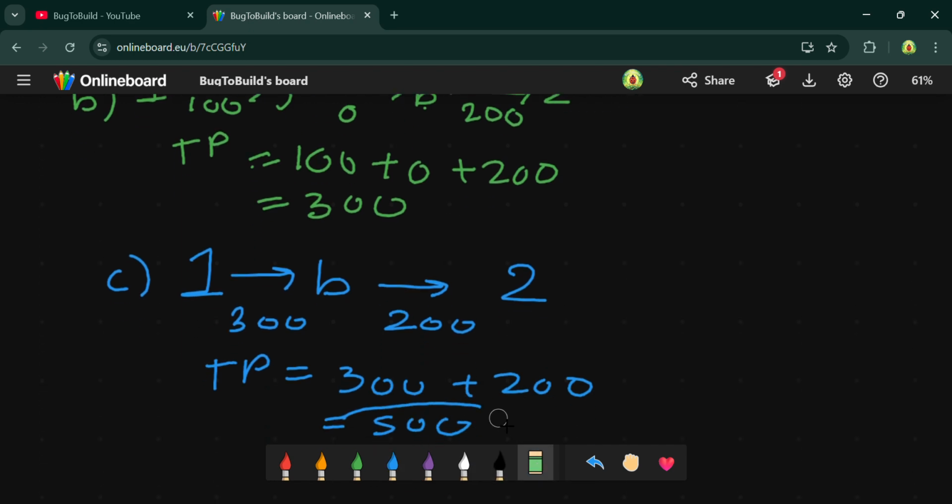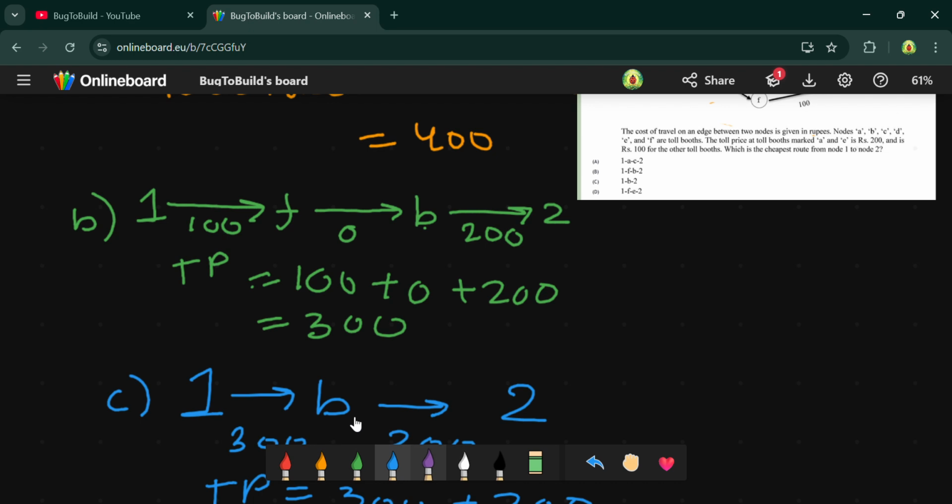Now we have to find the price of option D, which is given here. For option D, 1, F, E and 2.